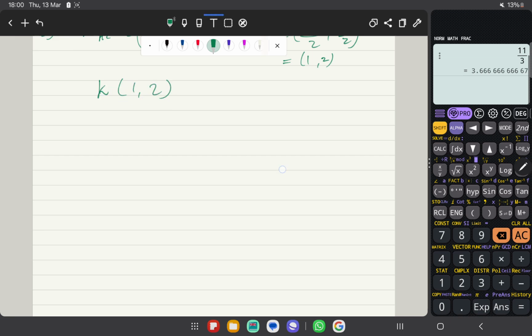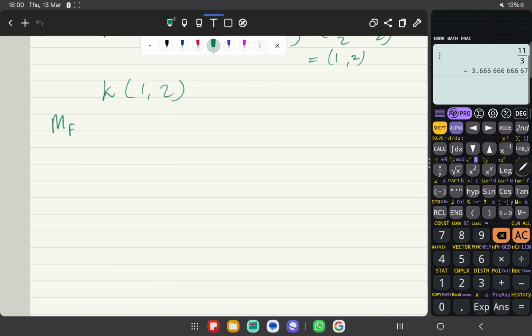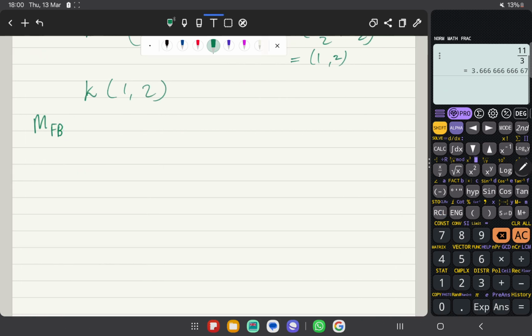Now I'm going to use that to say K is the midpoint of FB.